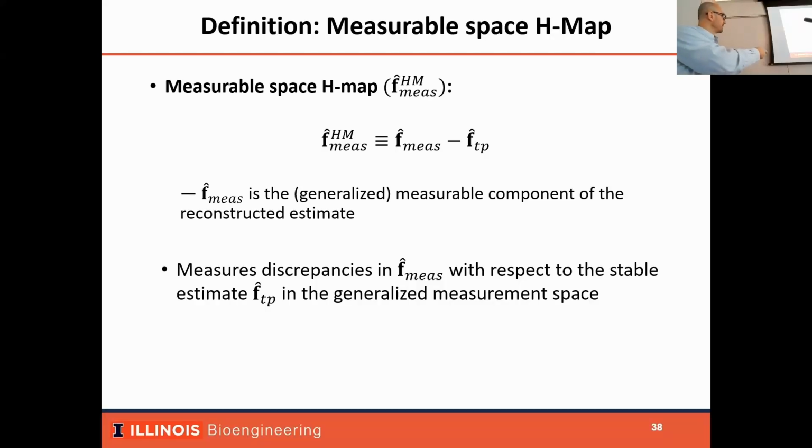If we do that, we can define this quantity f hat HM mes, and this is our measurable space hallucination map. This map measures discrepancies in the measurable component of our reconstructed object with respect to the stable estimate in the generalized measurement space.